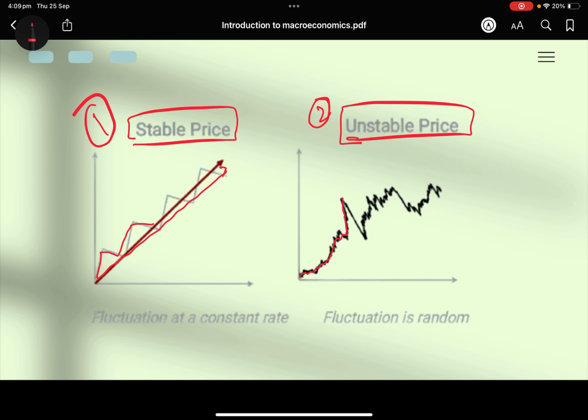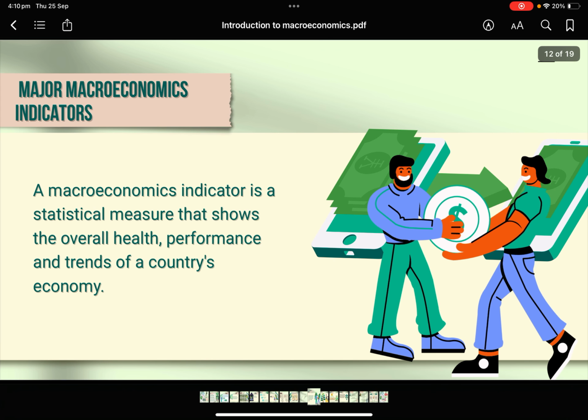First it goes up with a big jump, then a sharp decline, then ups and downs, a random way. So this is the basic difference between the stable price and unstable price graph. I hope you understand. So we're going to the next slide.